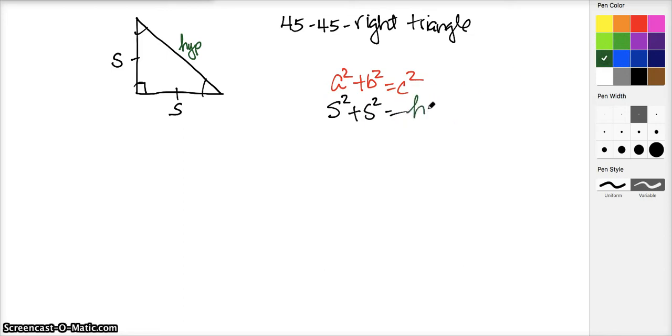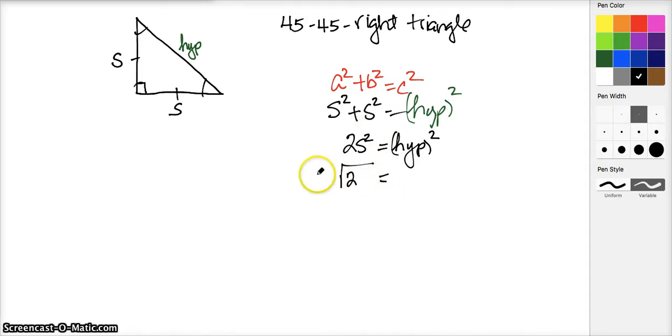Whatever that is. To figure out what the hypotenuse is, I need to simplify. s squared plus s squared is 2s squared, which is equal to the hypotenuse squared. Then I take the square root of both sides, and I get the square root of 2s squared is equal to the hypotenuse.